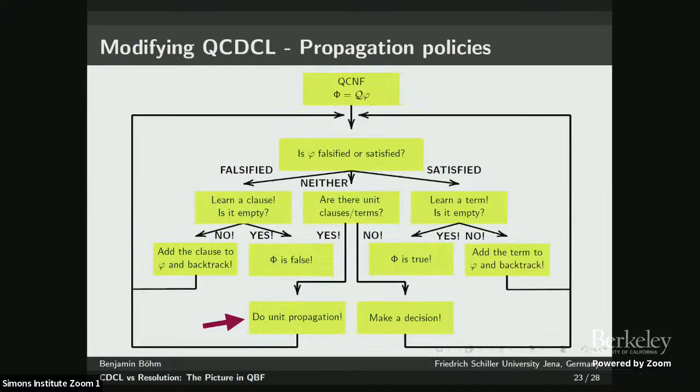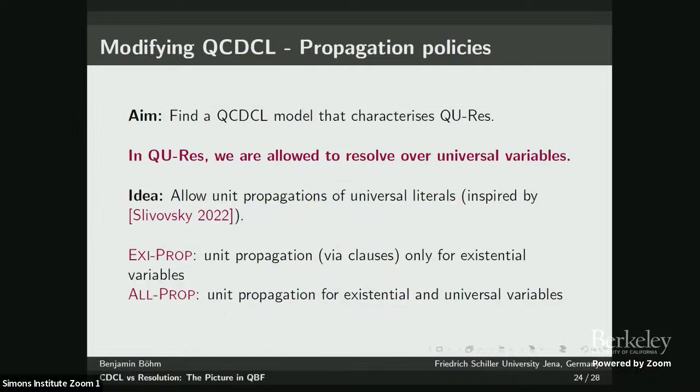And for this, we have to look at the last kind of modification policies for QCDCL, which are propagation policies. We already looked at propagation, but now we want to change the propagation itself. So our aim is to find a QCDCL model that characterizes QU-Res.